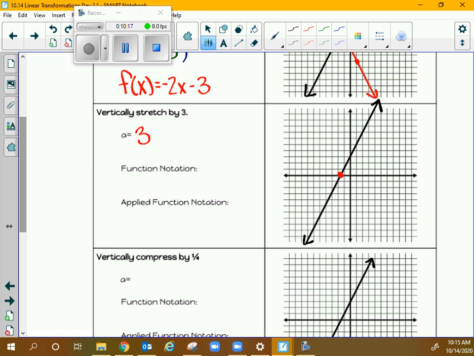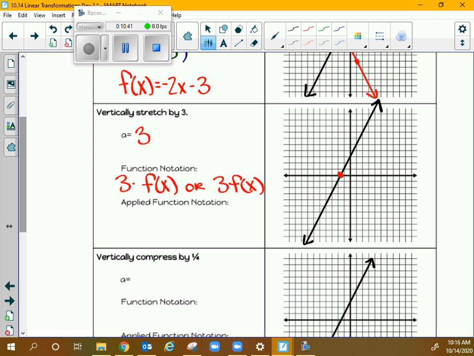But the rule I will ask you, because what you're doing is you're taking your entire function and you're multiplying it by 3. And it would be written as 3f of x, but just for your note, it's 3 times f of x. You're taking the entire function, and what are you doing to it? Multiplying it by 3.